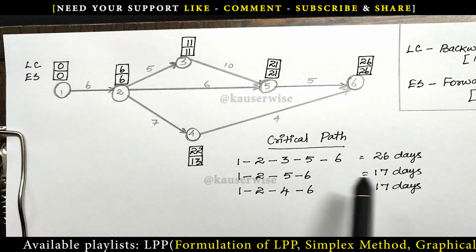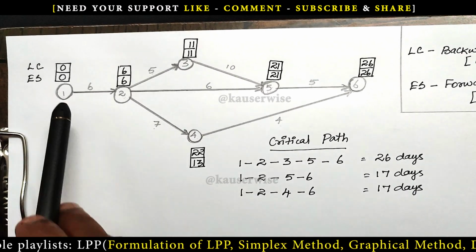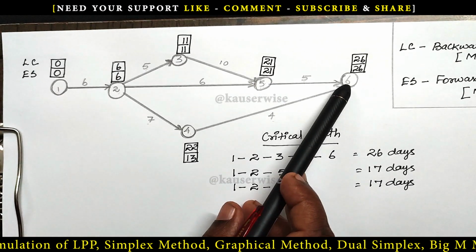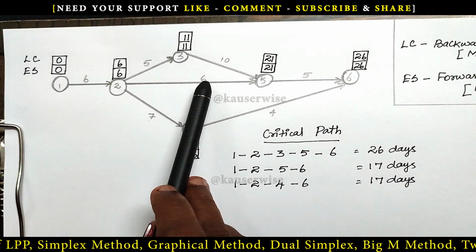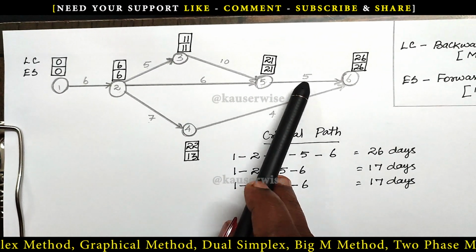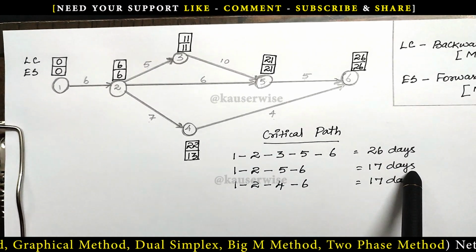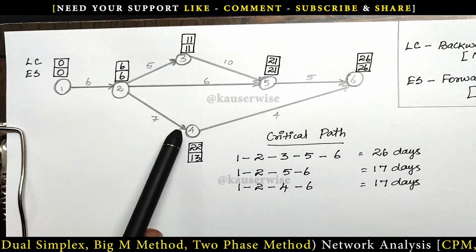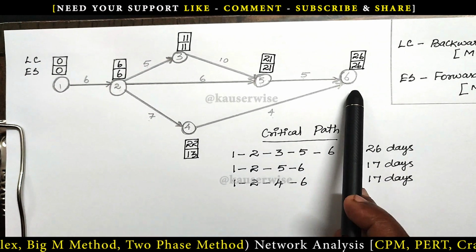The second possibility is 1 to 2, 2 to 5 and 5 to 6. The duration is 6 plus 6, 12, 12 plus 5, 17 days. The third possibility is 1 to 2, 2 to 4 and 4 to 6.